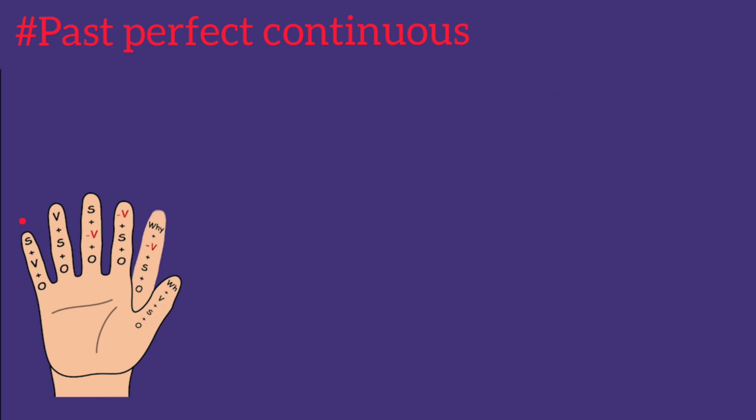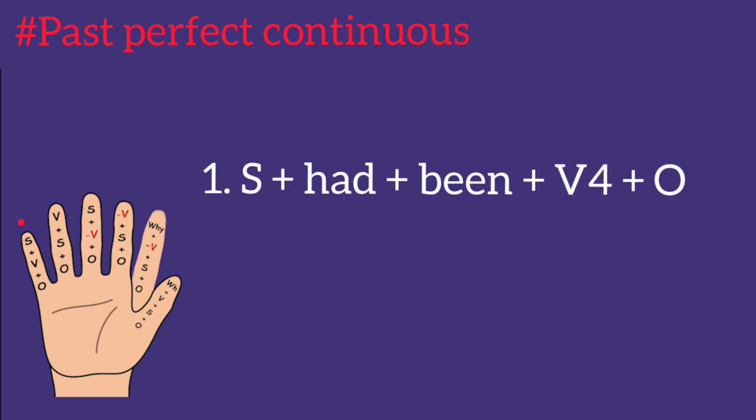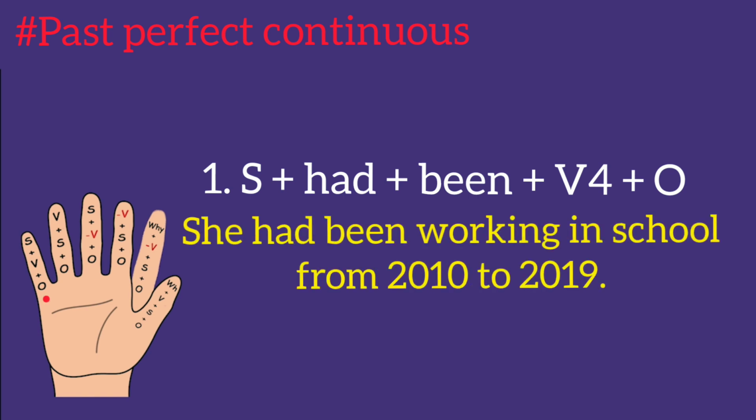Only positive statement is commonly used here. Its formula is subject plus had plus been plus V4 plus object. Example: she had been working in school from 2010 to 2019.